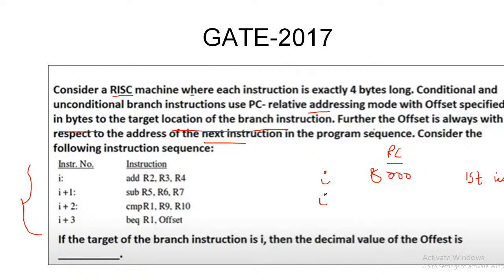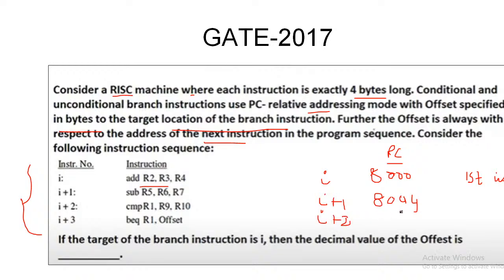Similarly, you have the second instruction, I plus 1. Each instruction is taking how many bytes? 4 bytes. So the next instruction will start from 8004, right?